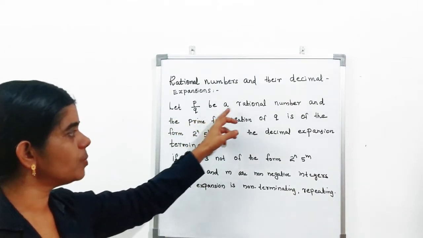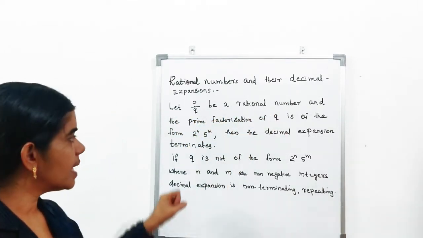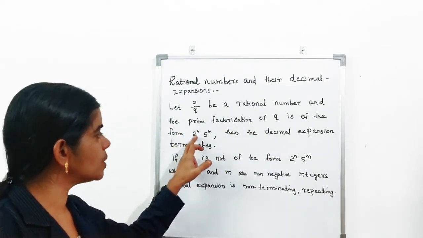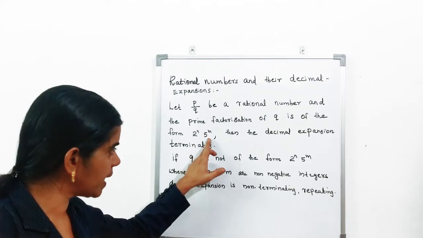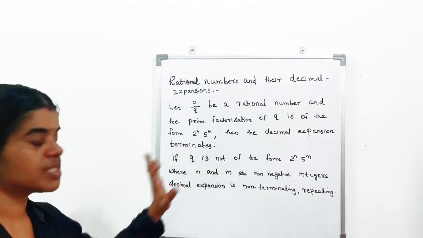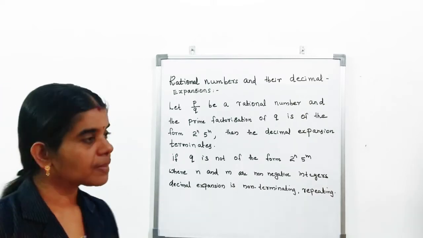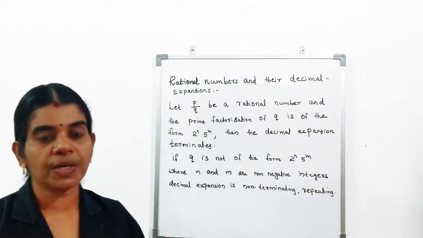Let p by q be a rational number, and the prime factorization of q is of the form 2 raised to n and 5 raised to m, then the decimal expansion terminates. The denominator's factors you want to find out.